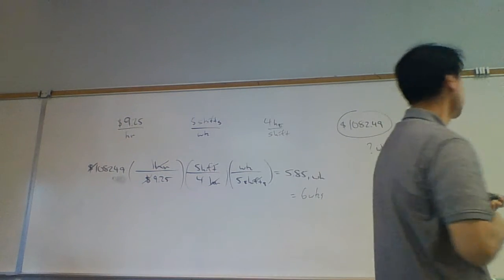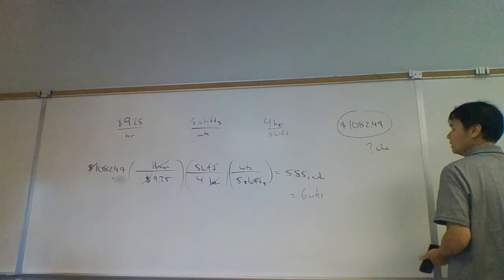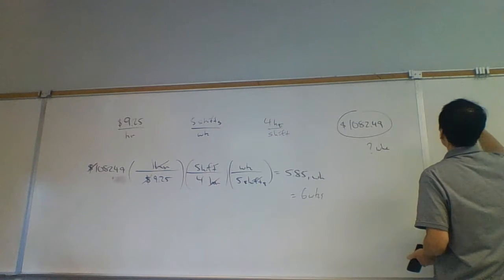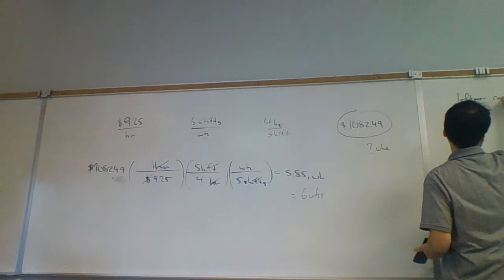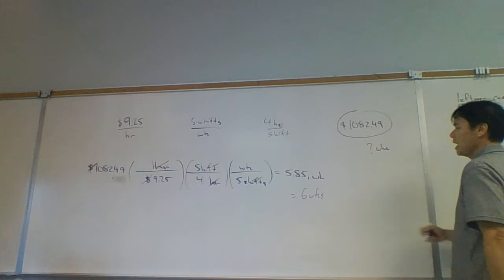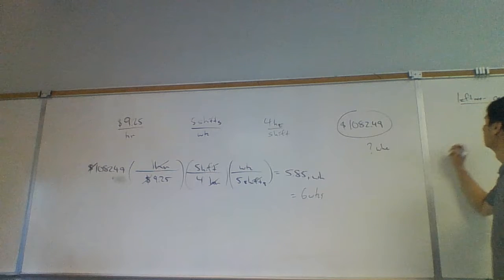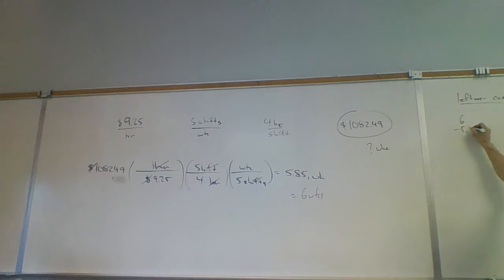And so let's see how much money is left over to spend. So the leftover cash is, well, 6 weeks, it's going to be just 6 minus 5.851. It's going to be 0.149 weeks.